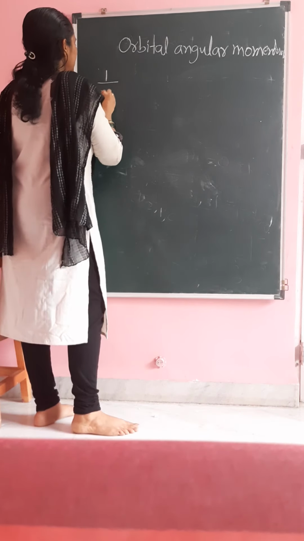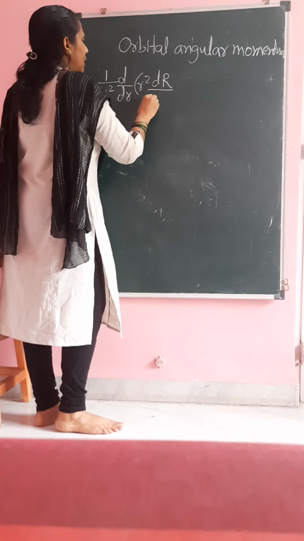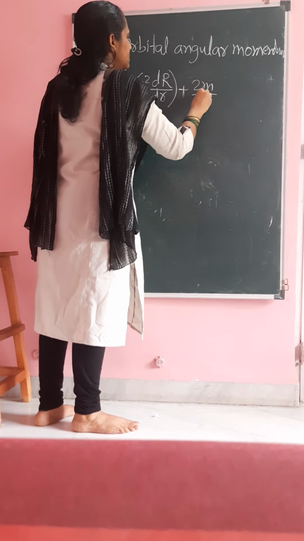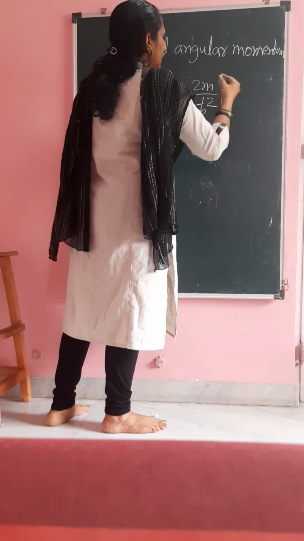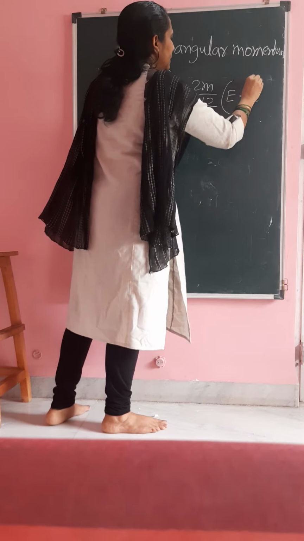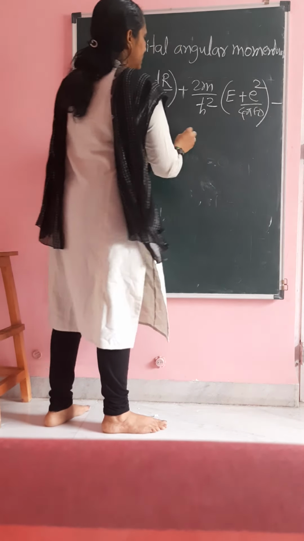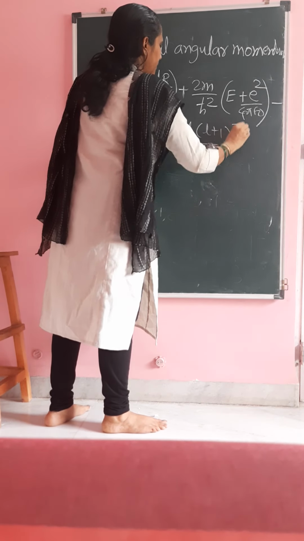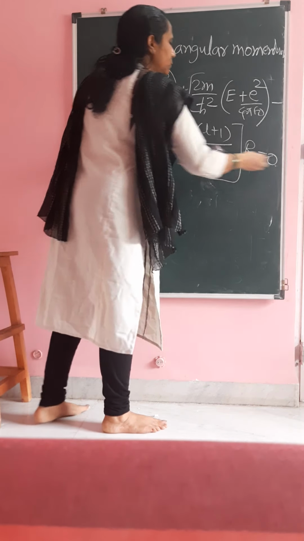It is 1 by R squared d by dr of R squared dR by dr plus 2m by h cross squared, times E plus e squared by 4 pi epsilon naught r, minus l into l plus 1 by r squared, the whole into capital R is equal to 0.